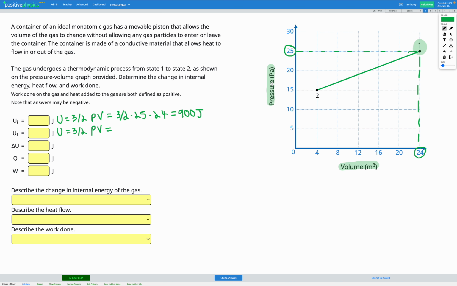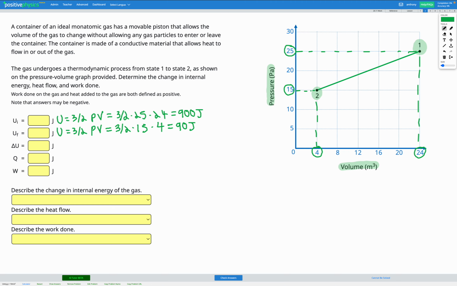So looking at our graph at point 2, which is our final point, for our pressure, we have 15 pascals, and for our volume, we have 4 meters cubed. So we've got 3/2 multiplied by 15 multiplied by 4. That gets us a final total internal energy of 90 joules.